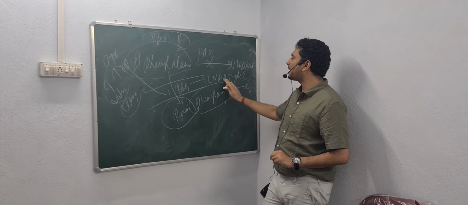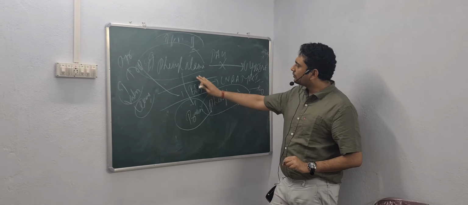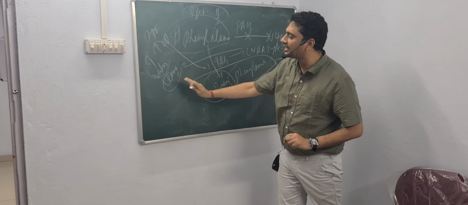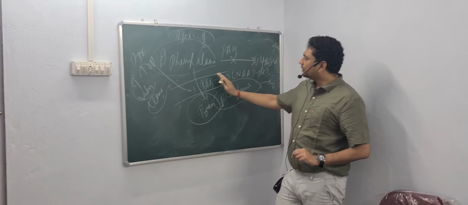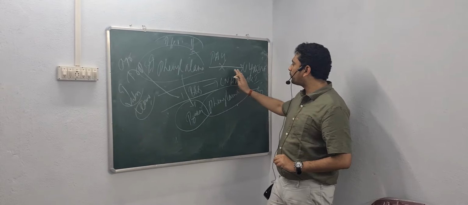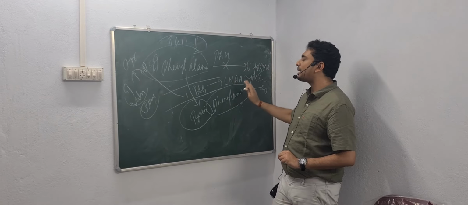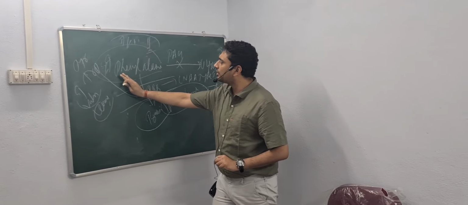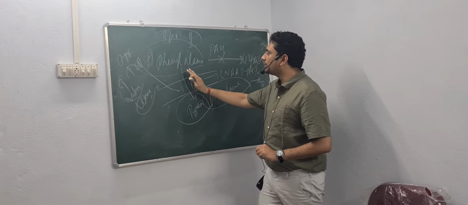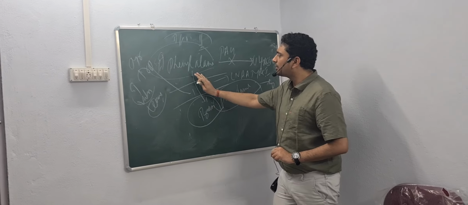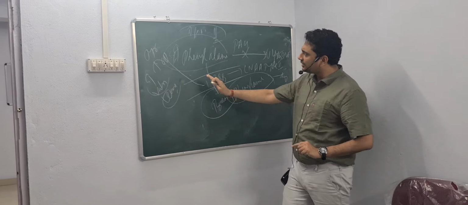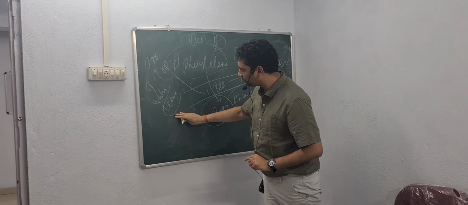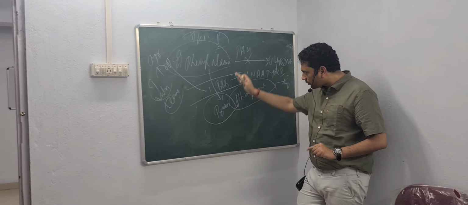So phenylalanine also uses the same transporter as tryptophan, tyrosine, valine or leucine. So what will happen? This transporter will get saturated due to increased level of phenylalanine in blood. So obviously this increased level of phenylalanine will compete with these large amino acids like tyrosine, tryptophan, valine, leucine for transport across the blood brain barrier.